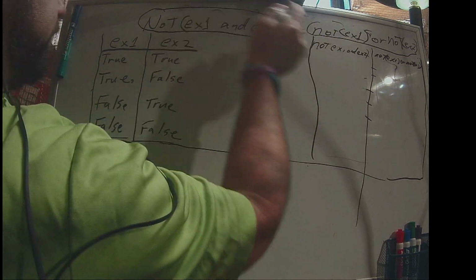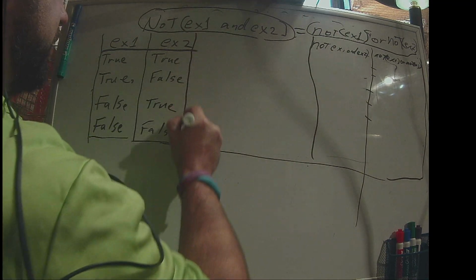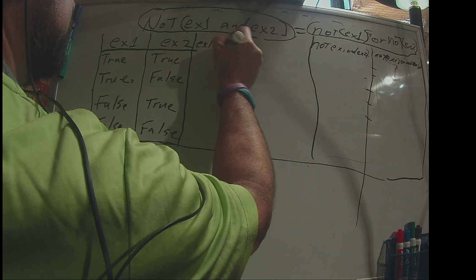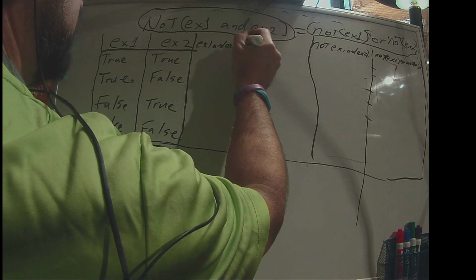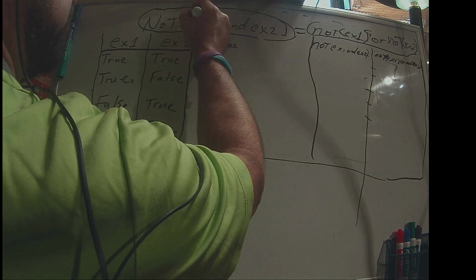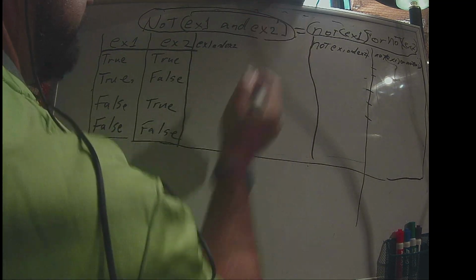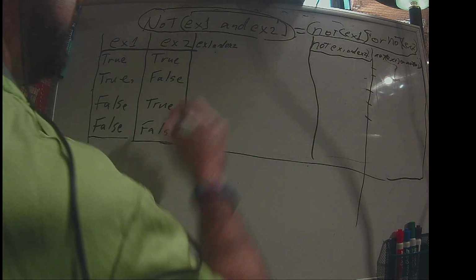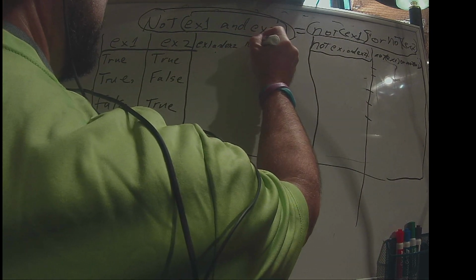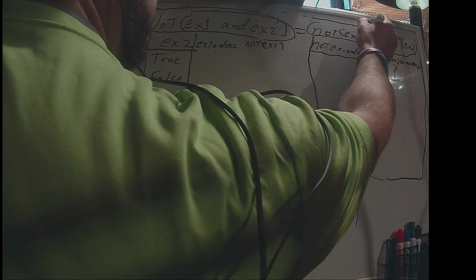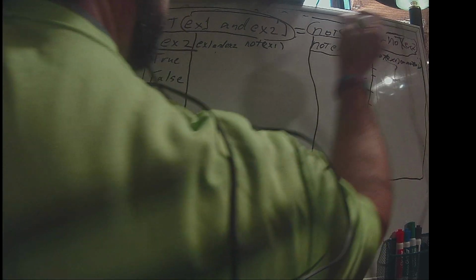So we have to do EX1 and EX2, which gives us this column. Then all we have to do is negate that to get this column. And then we also have to do not EX1 and not EX2.